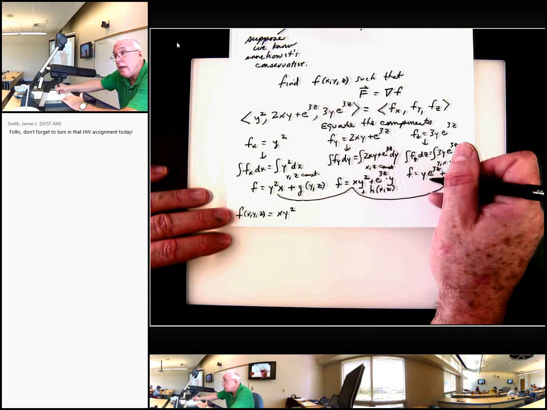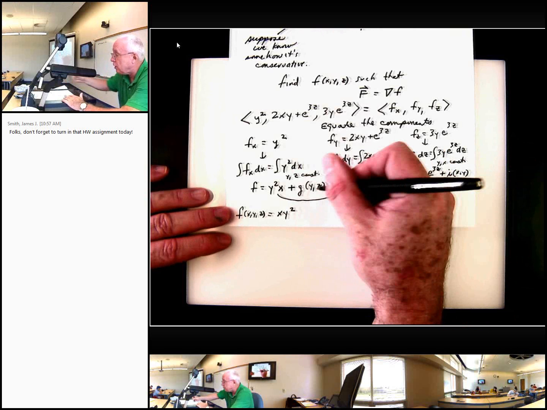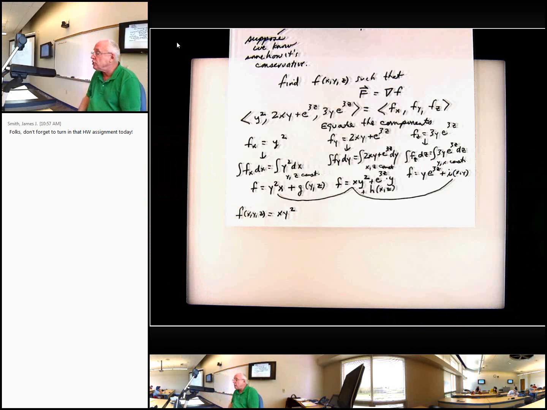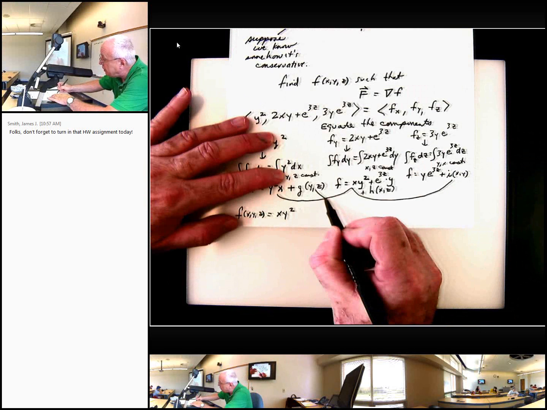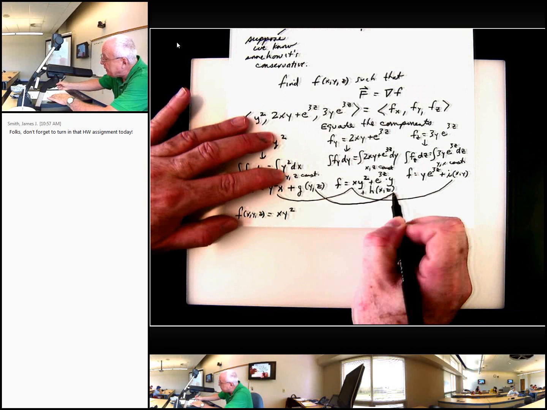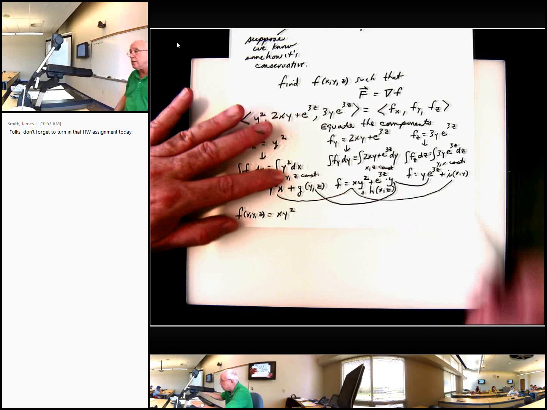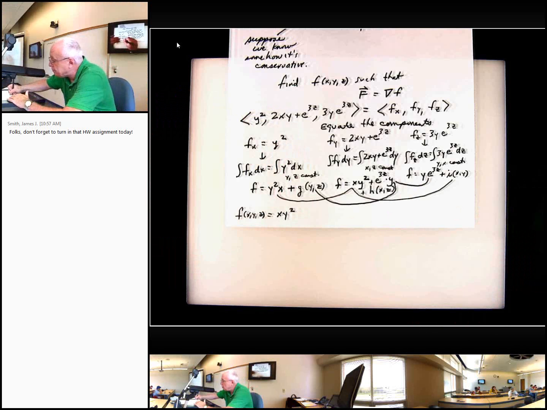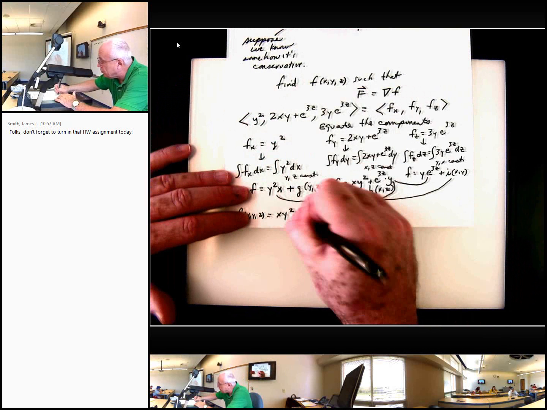Notice we don't have it specifically for the first one, but we have a function g of y and z. So that's going to be the same thing. So that g of y and z is going to be the same as that e to the 3z times y. So let's add on here. Let's write it as y e to the 3z.